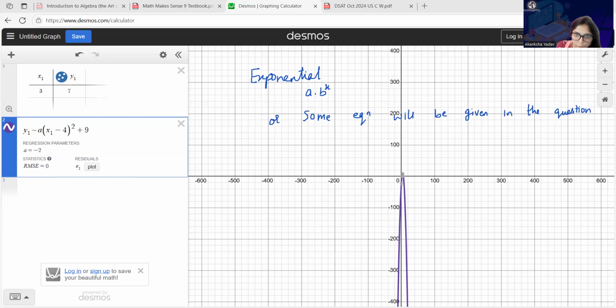So here also you need 2 points. And then you use your exponential regression, the standard one, or whatever is given to you in the question. If it is given in the question, then do not use the standard.